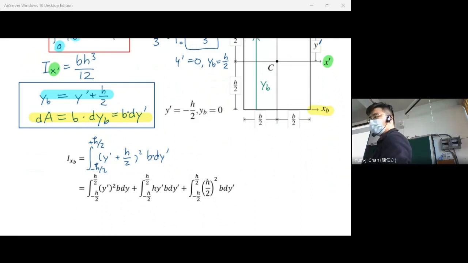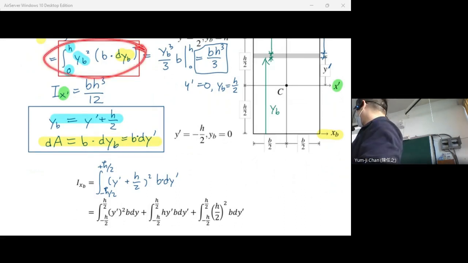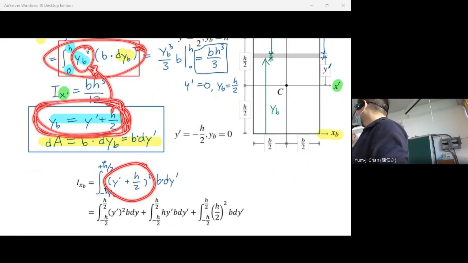Does it look logical? We begin from here. We know this one. So we just put the equation below to the term I put my arrow, so it becomes this one. Right?